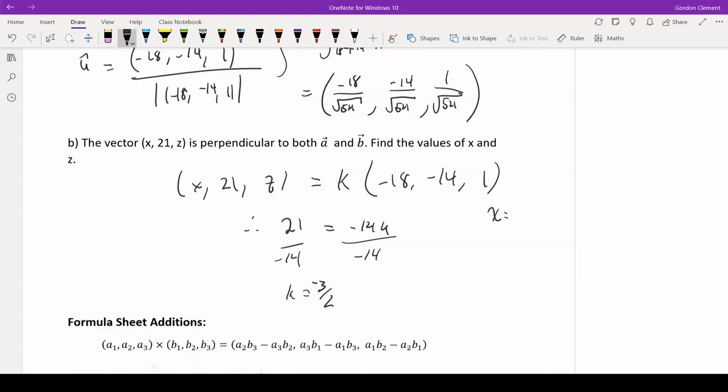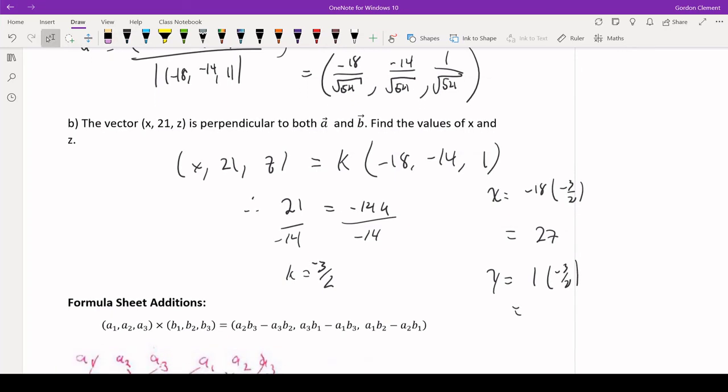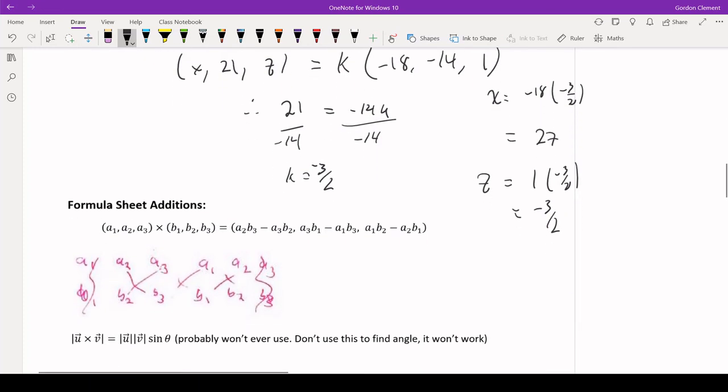So x would then be negative 18 times negative 3 over 2, which is 27, I believe. And z would be 1 times negative 3 over 2, so just negative 3 over 2 for z. And we have that. Okay, so those are our examples.